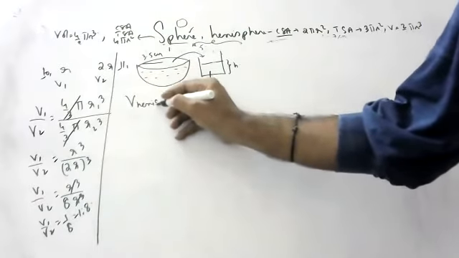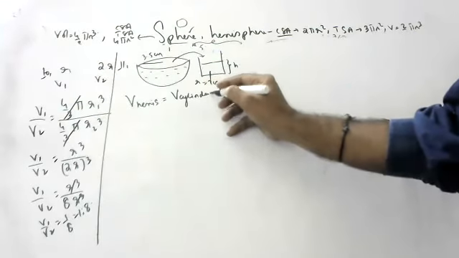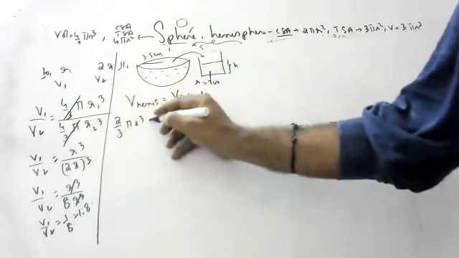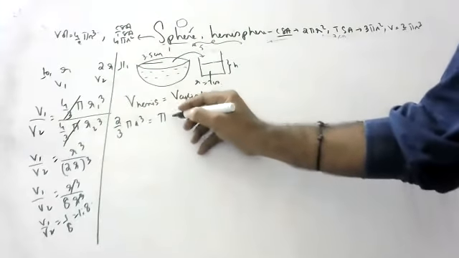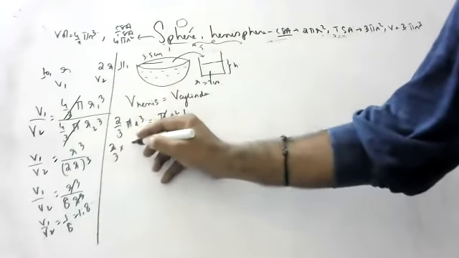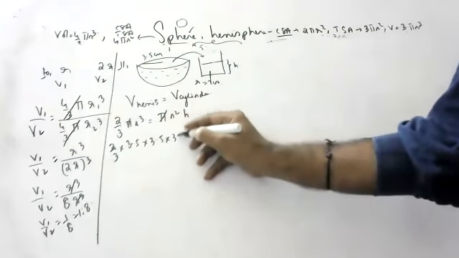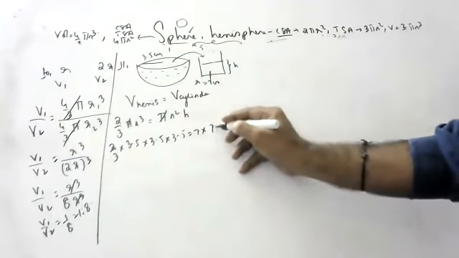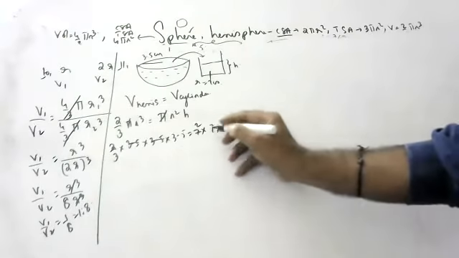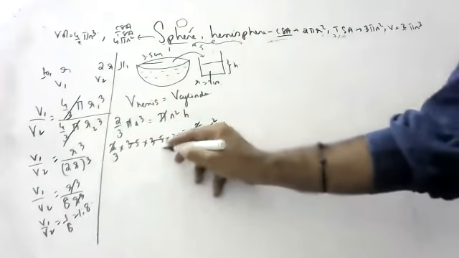Volume of hemisphere equals volume of cylinder. 2 by 3 pi r cube equals pi r square h. Pi cancels. 2 by 3 into 3.5 into 3.5 into 3.5 equals 7 into 7 into h. 3.5 twos are 7, 2 cancels, this 2 you bring down.